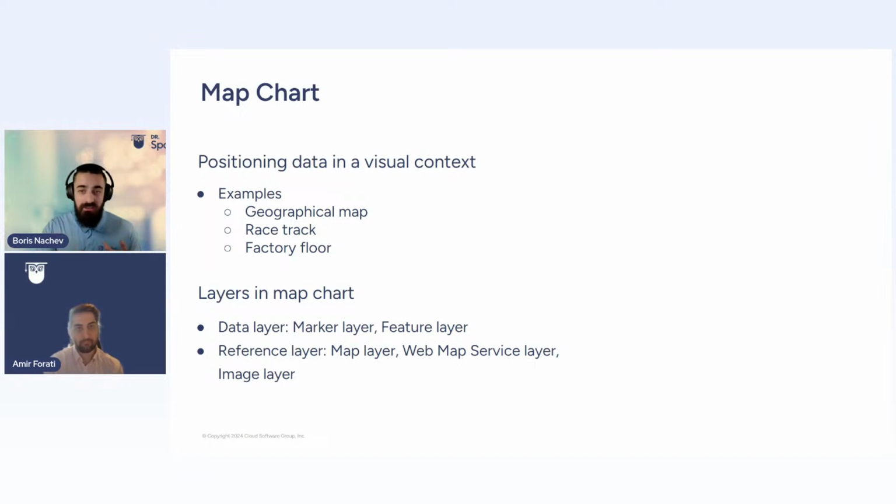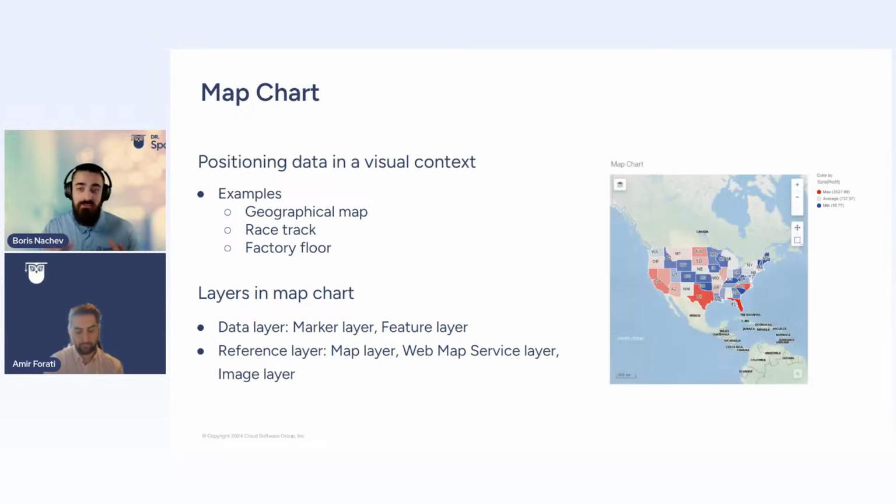Using a map chart allows users to visualize data within a set of known reference points and helps identify problem areas quickly. Layers in a map chart are mainly categorized into two, a data layer and a reference layer, with the data layer comprising a marker layer and a feature layer, and a reference layer comprising a map layer, a WMS layer, and an image layer.